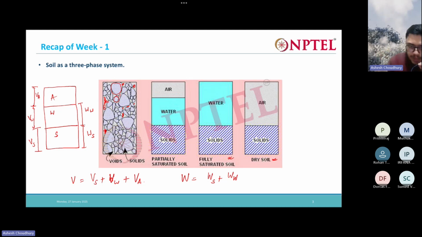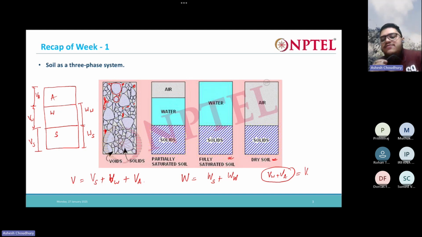Now the volume of water plus volume of air is the volume of the voids, because air and water will occupy void spaces only, so we can write this as volume of voids.